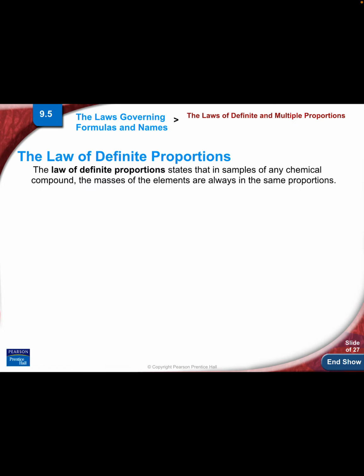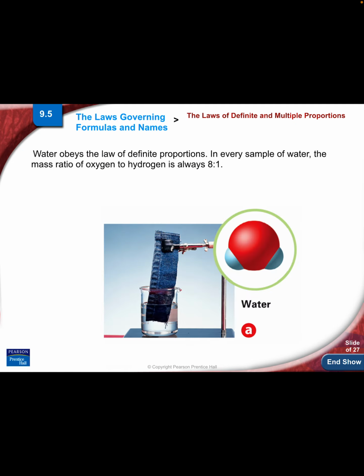And the law of definite proportions, again, says that for any chemical compound, the masses are always in the same proportions. A good example is water. The ratio of oxygen to hydrogen is always 8 to 1, because oxygen has a mass of 16, 15.99997 or something like that, but it basically is 16, and hydrogen has a mass of 1.